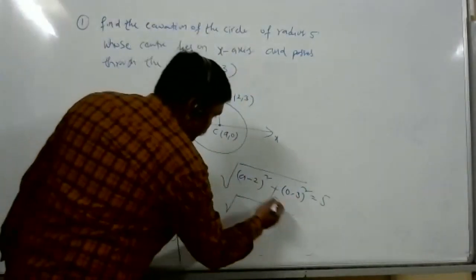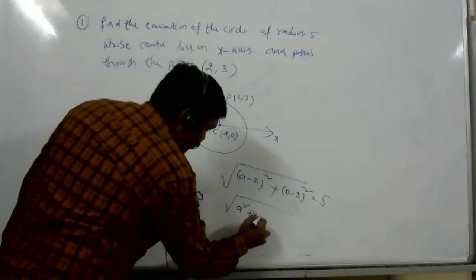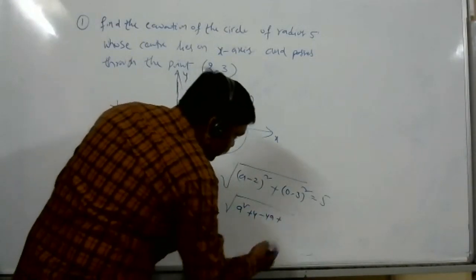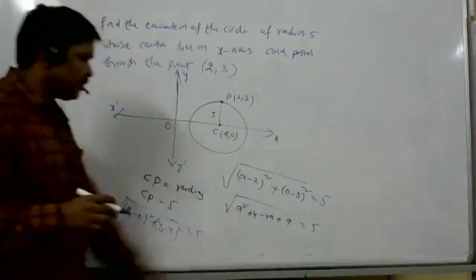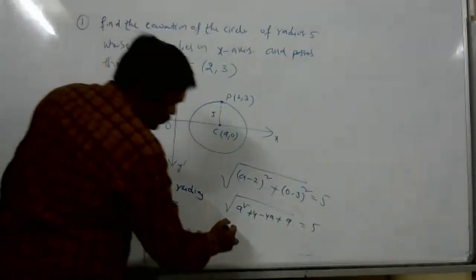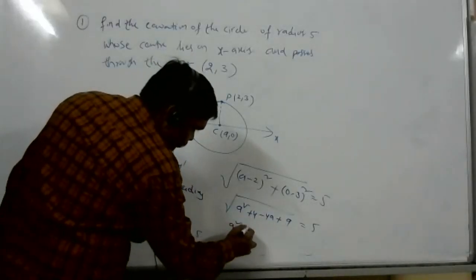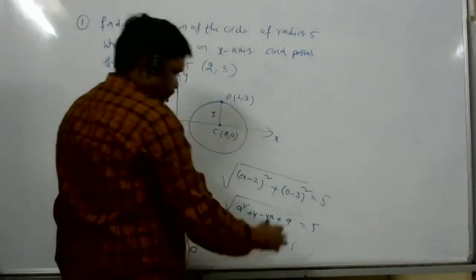Under root a square plus 4 minus 4a plus 9 is equal to 5. Squaring on both sides, a square minus 4a plus 13 is equal to 25.